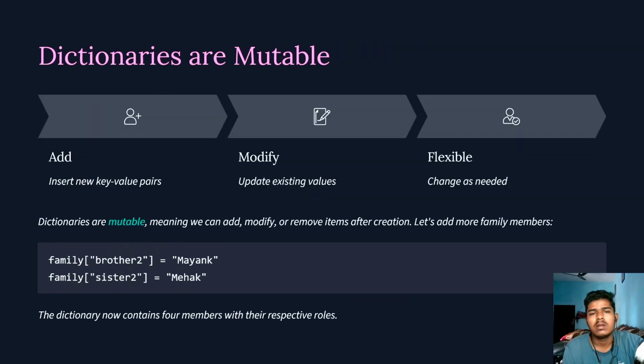Okay. Dictionaries are mutable. As we did in the last class, mutable means we can change it. So in dictionaries that are mutable, the first one is add, insert new key value pairs, second one is modify, update existing values, and third one is flexible, change as needed.